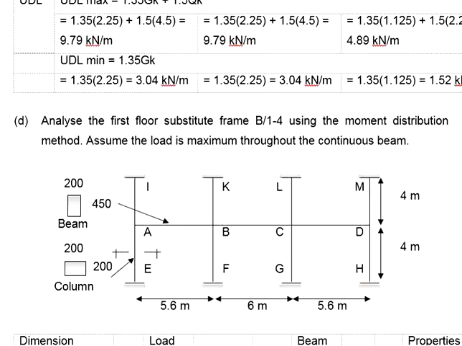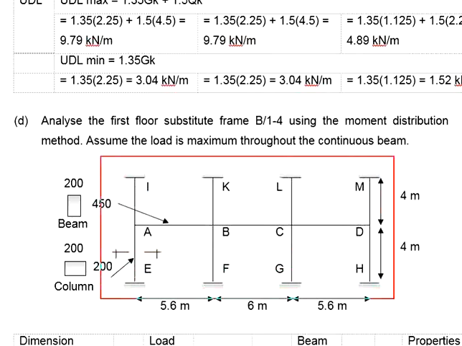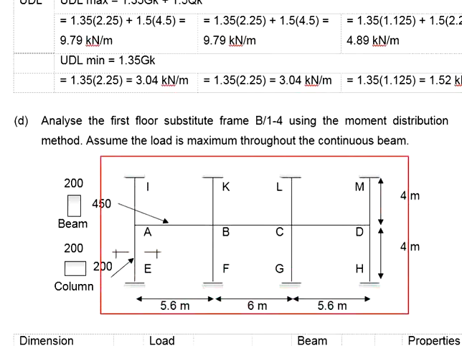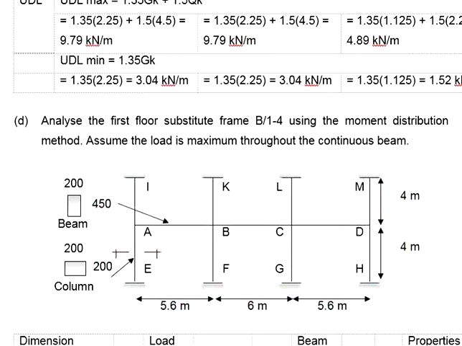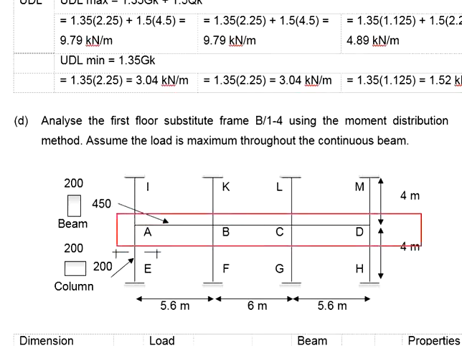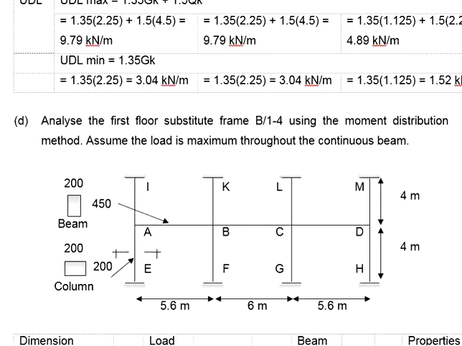In terms of the accuracy of the analyzed load, the moment distribution for the entire frame, I feel, would be more accurate. However, the calculation steps will be more tedious. You may use the more simplified method, which is using the moment distribution method for the continuous beam only, but the estimation is not as accurate as analyzing the entire frame.